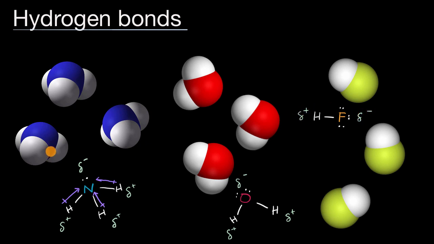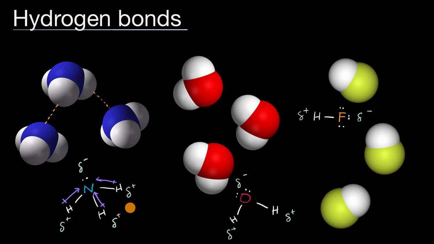And so what do you think could happen when these molecules interact with each other? The nitrogen end right over here of this ammonia could be attracted to one of these hydrogens that has a partially positive charge right over there. Or this hydrogen, the partial positive charge, might be attracted to that nitrogen that has a partial negative charge.